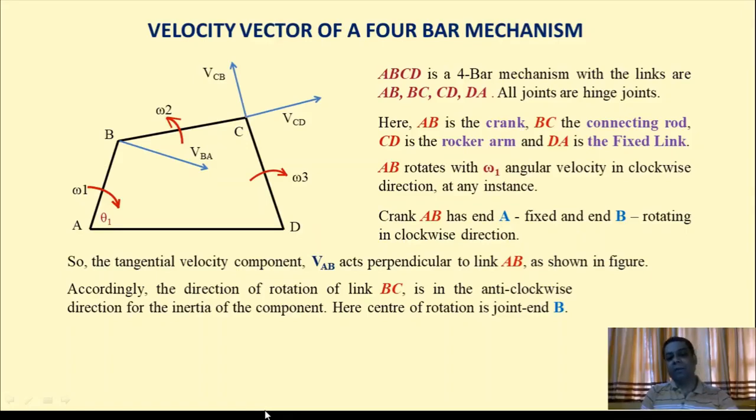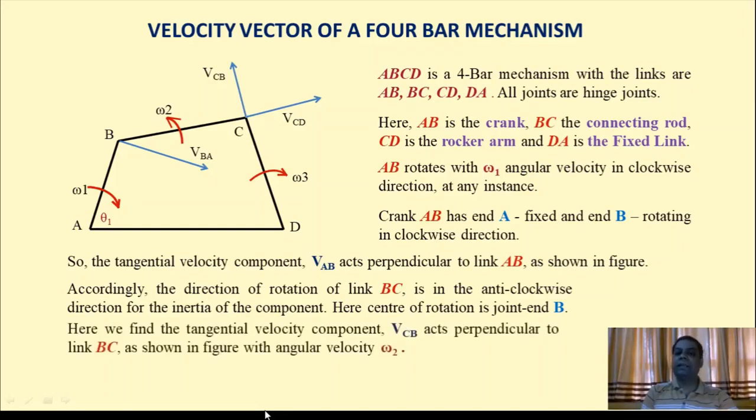Here, for BC, the center of rotation is the joint end B, which should be considered fixed, and the joint end C should be considered the moving or rotary part, which has a tendency to rotate in the anti-clockwise direction.